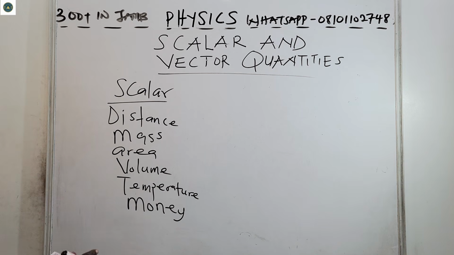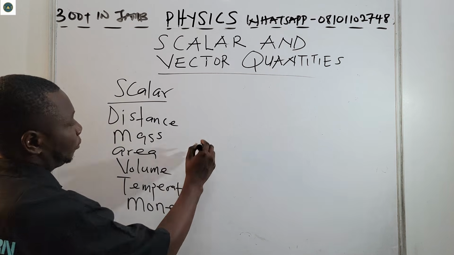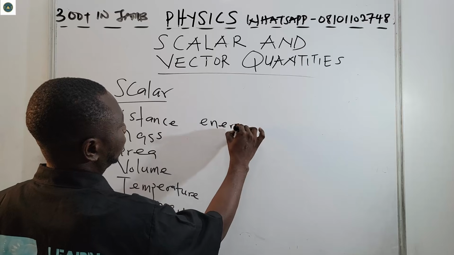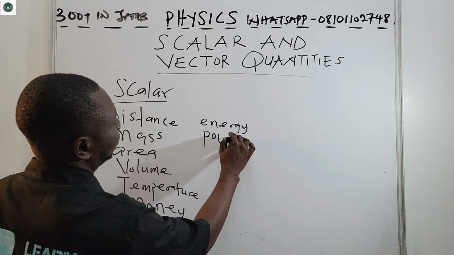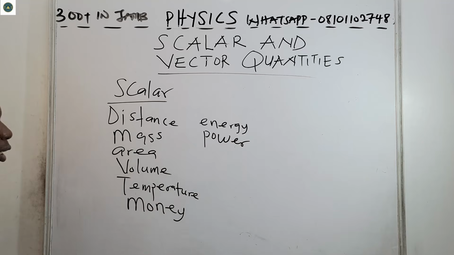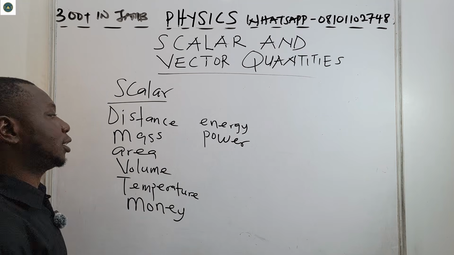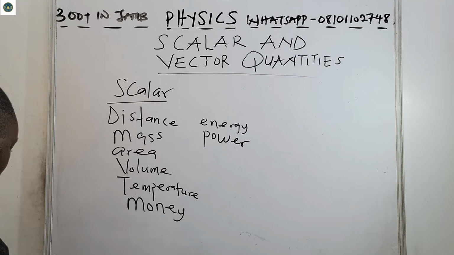All right. Then we also have energy and power. Energy is the ability to do work. Power is the rate at which work is done.